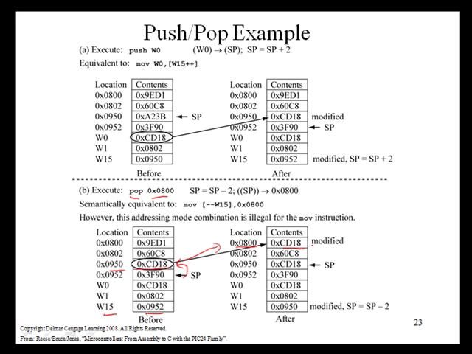So the final modified values are location 800 has CD18, and W15 has 950 after 2 has been subtracted from it. Note that this pop instruction is semantically equivalent to a move with source operand register indirect pre-decrement using W15 to the memory location 800, but if you try to do this with the move instruction, it's actually an illegal form of the move.